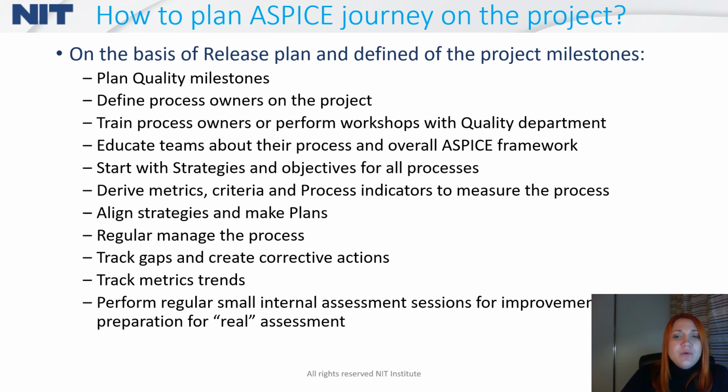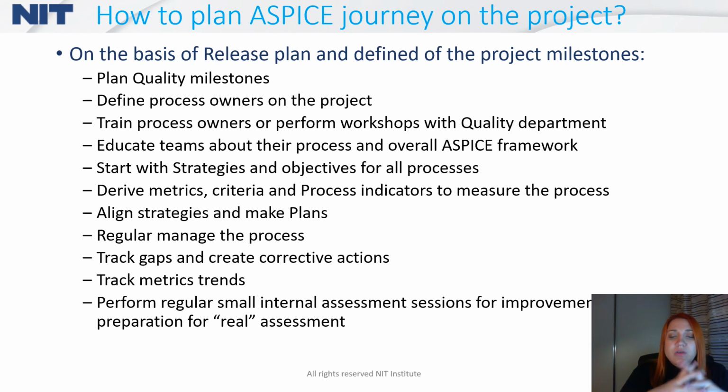And now you understand that the project manager who needs to plan all of those things must have very good insight into the Automotive SPICE framework and what necessary things a project needs to meet in order to reach the desired level of SPICE.